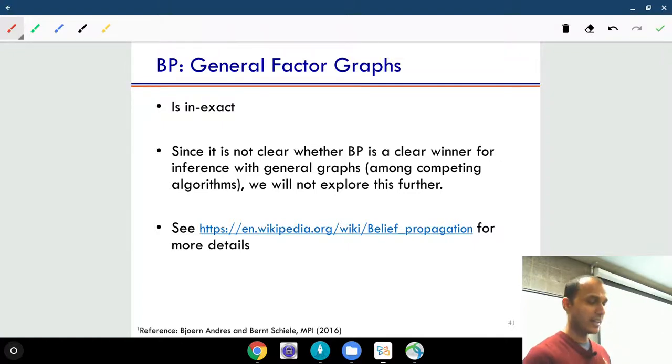But you can still use it, and people, in fact, the image segmentation example I was talking about, you have a pixel which is a variable node, and each pixel is connected to other pixels, right? So there are going to be loops, okay? It's not going to be a tree. In that image segmentation task, the factor graph is not a tree, okay? And so people apply belief propagation to such a graph, and they call it loopy belief propagation, okay?